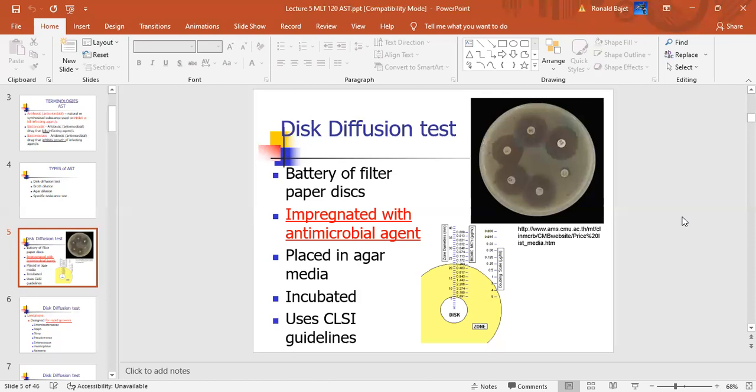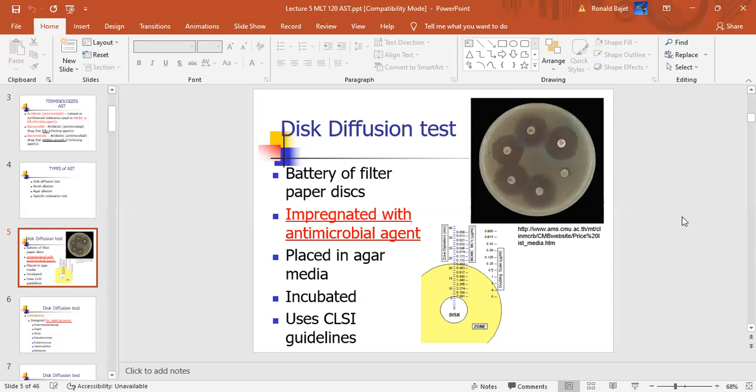So you have representative concentrations of these antibiotics on these impregnated discs, and it kind of simulates how the organism will react to those antibiotics. So this is an in vitro assessment of the effectiveness of certain antibiotics.